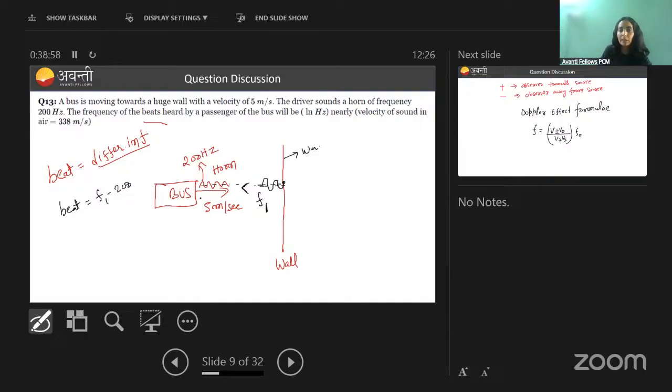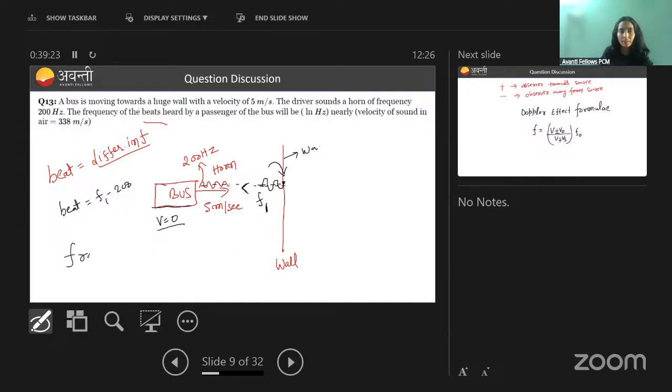So first what we need to check is, the 200 hertz sound wave is moving forward, and which frequency of sound is received by this wall? If the bus were at rest, the wall would receive the same frequency, 200 hertz. Since the bus is not at rest, the Doppler effect will come into effect and the wall will receive a different frequency.